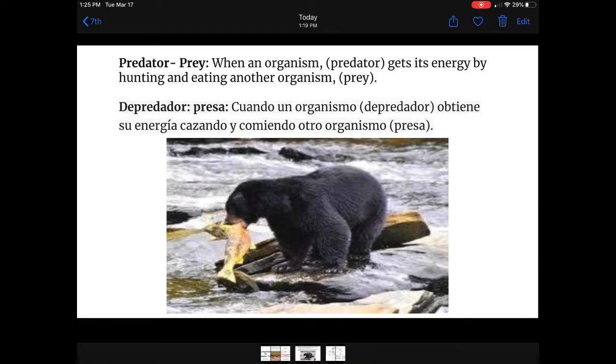So yes, predators are consumers, but when we talk about predators, we're really talking about animals eating another animal. So let me attempt it in Spanish. Depredador presa. Cuando un organismo depredador obtiene su energía cazando y comiendo otro organismo de presa.